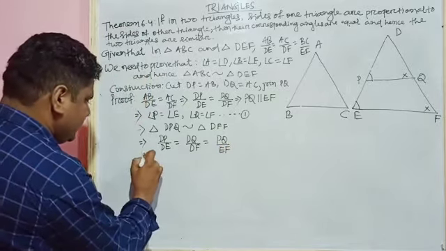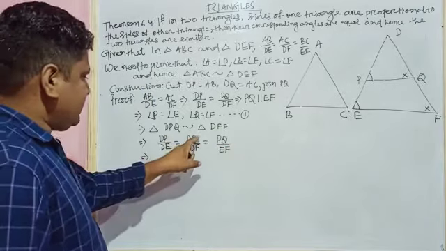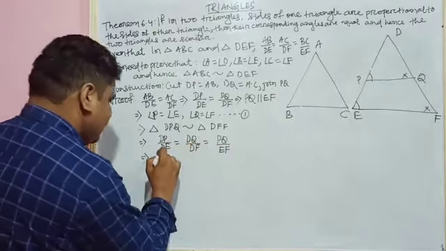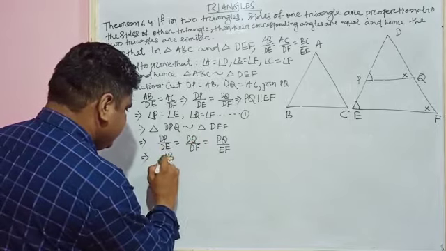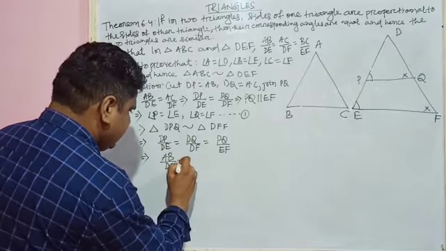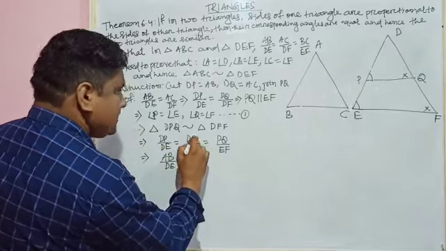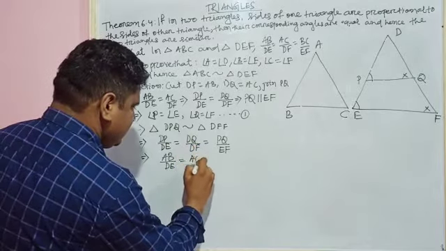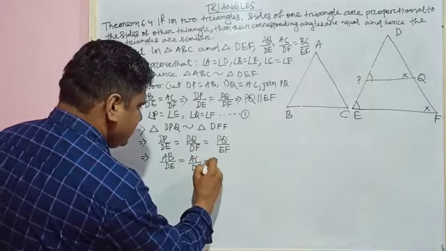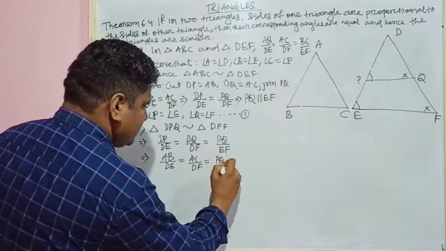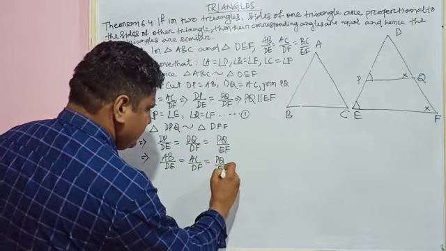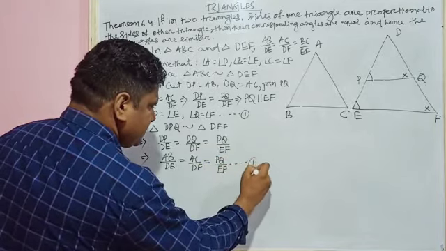Now once again we can replace DP by AB and DQ by AC. So we can write AB by DE is equal to AC by DF is equal to PQ by EF. Let it be equation 2.